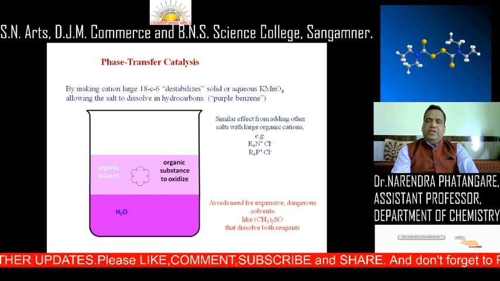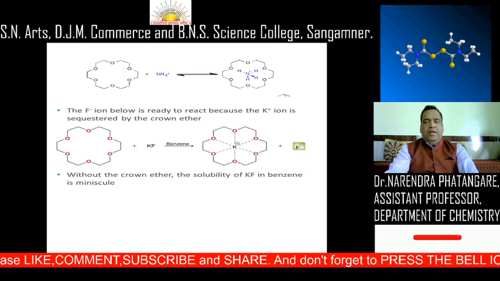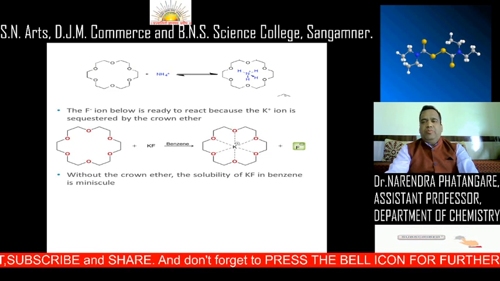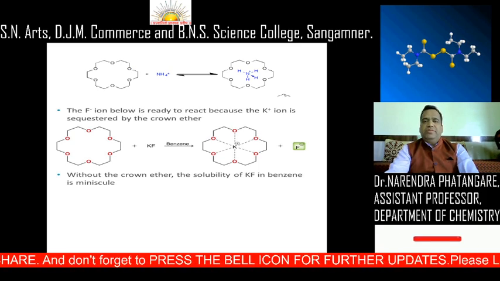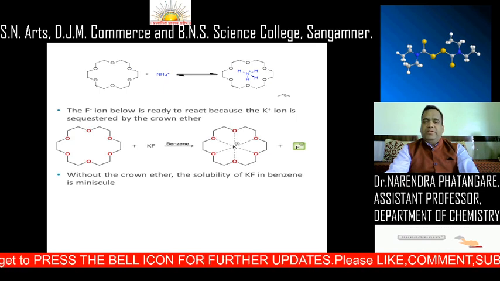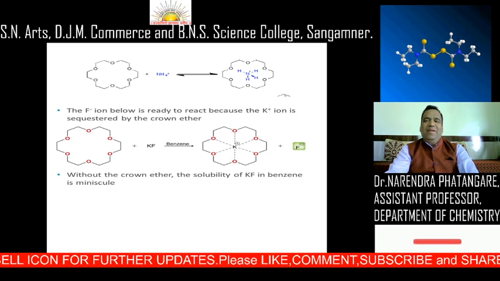And this is a very important part which plays a role in this way. I have taken the example of 18-crown-6 entrapping NH4+. This NH4+ gets entrapped inside the cavity in this way. The F- ion below is ready to react because the K+ ion is sequestered by the crown ether.